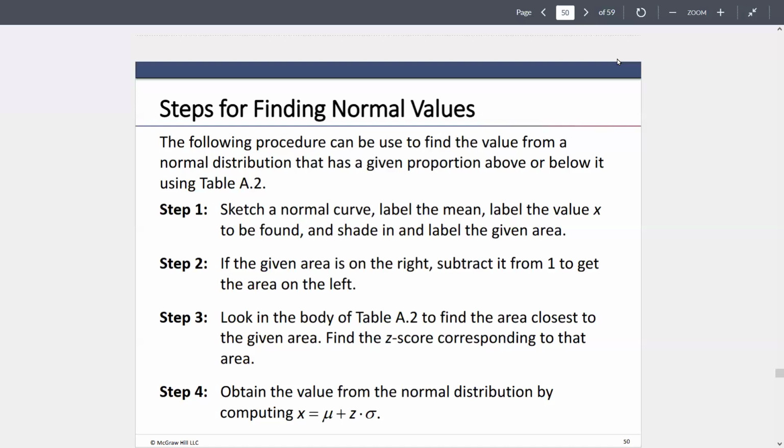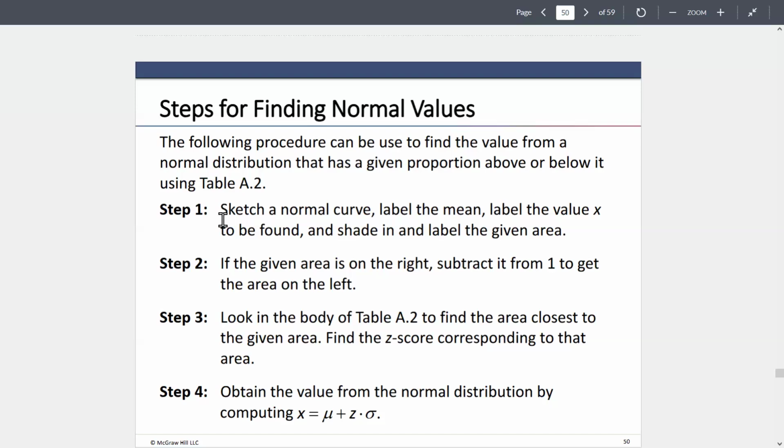Okay, so we are going to go through our steps here of finding the normal value. First thing we're going to do is sketch that curve. It's always helpful to sketch pictures of our curve. So sketch our normal curve, label the mean, label the x value to be found, and shade in the area. If the area is to the right, then we subtract from 1 to get the area to the left.